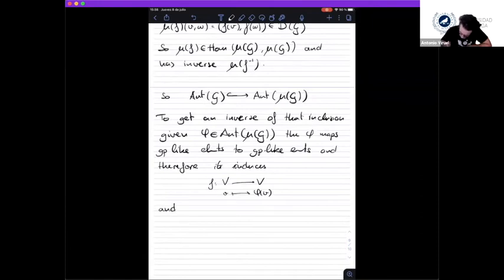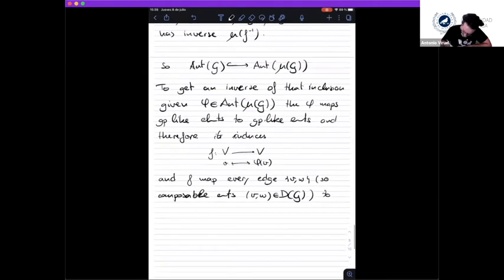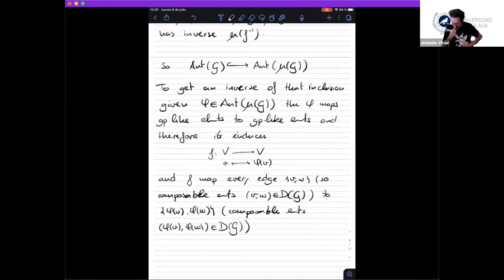And f maps every edge vw, so composable elements in D(Γ), to c(v), c(w), composable elements in Γ, because it's a path partial group automorphism.